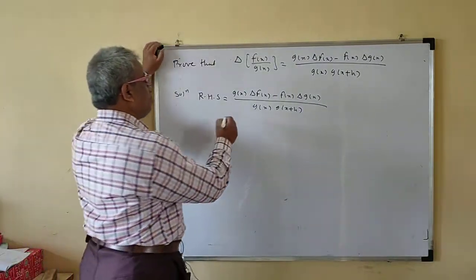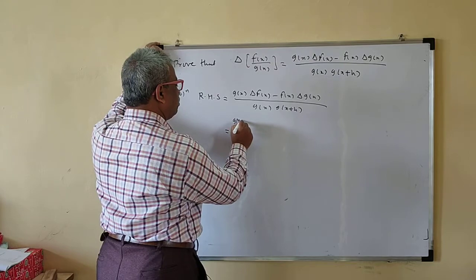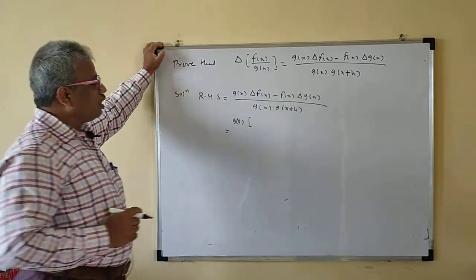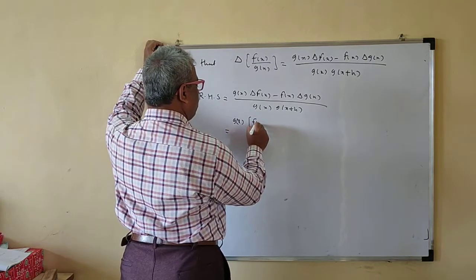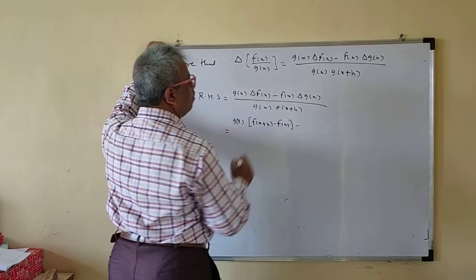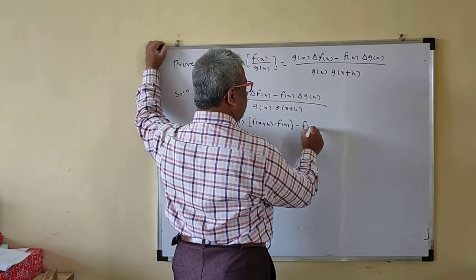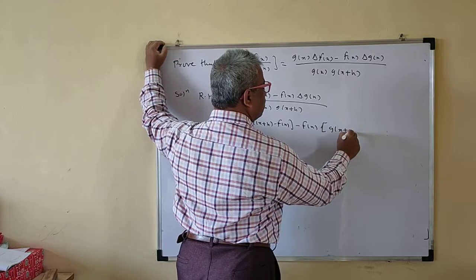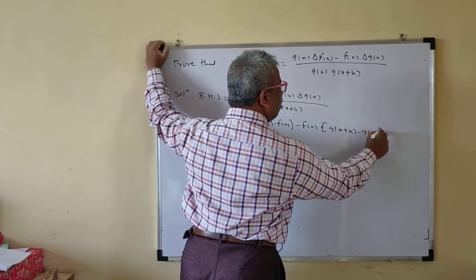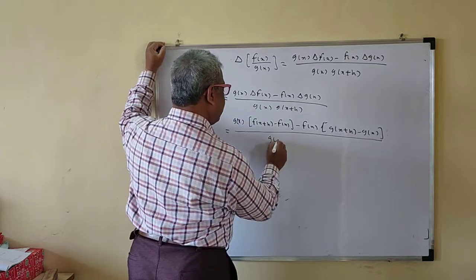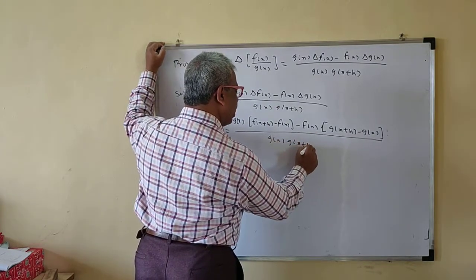So now this is what then g of x into delta f of x, this is what f of x plus h minus f of x, minus f of x into delta g of x, this is what g of x plus h minus g of x, upon g of x into g of x plus h.